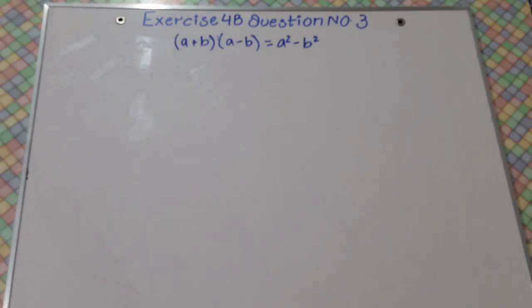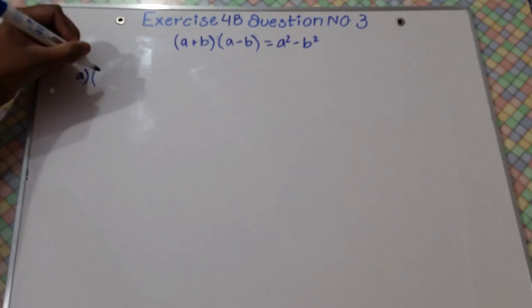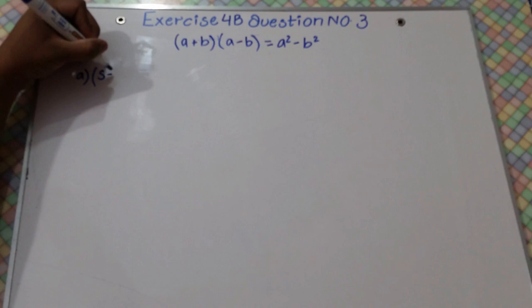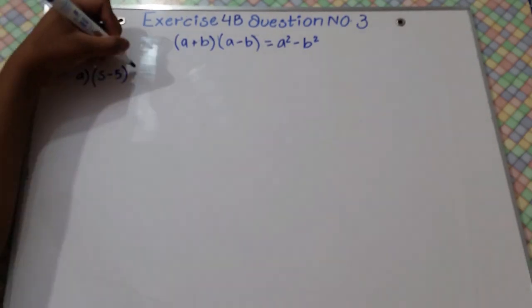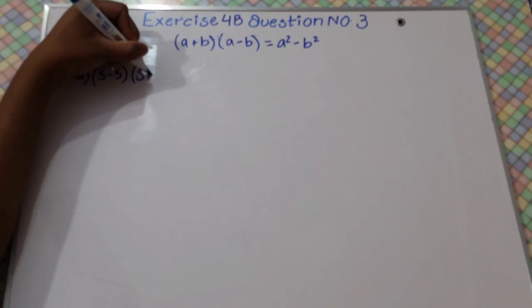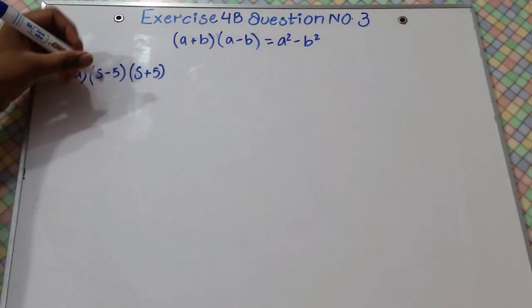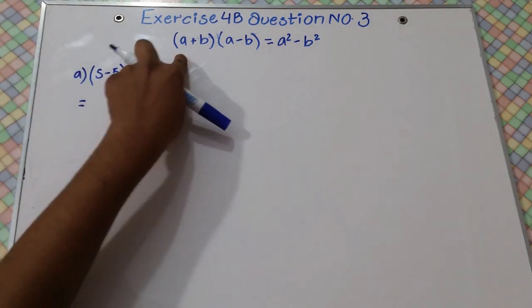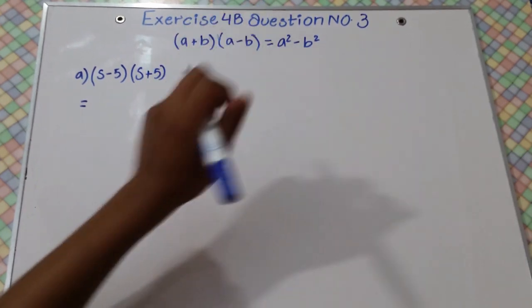So in part A of this question, they have said (s minus 5) and (s plus 5). Question is in this form, we are going to write it in this form, means one time a square, and one time b into b is b square.